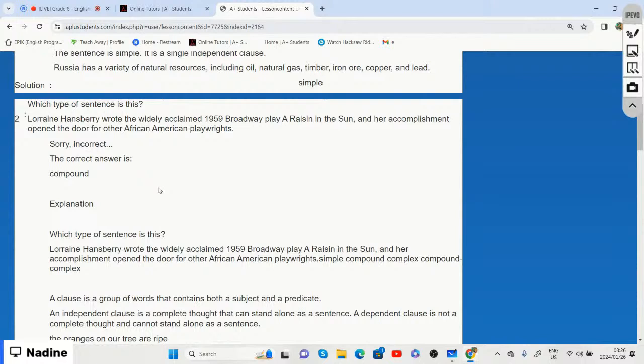And if we look at our two sentences, right? And I specifically say two because over here it is joined by a conjunction, which is and, which means that this specific sentence is a compound sentence.